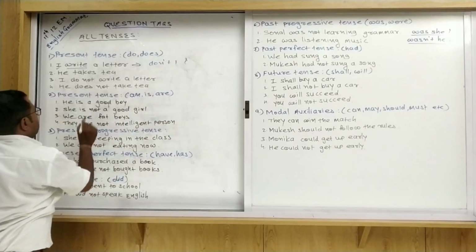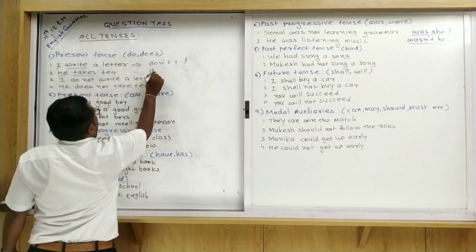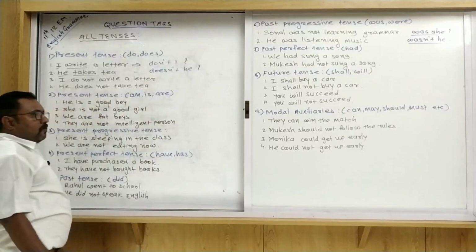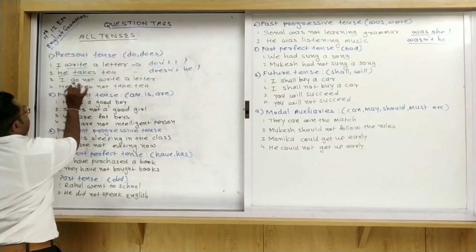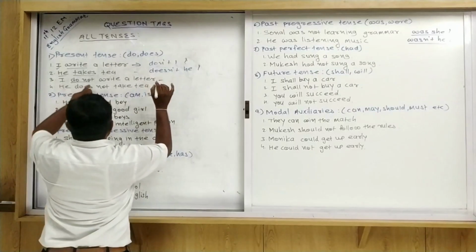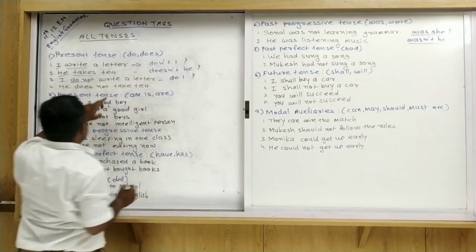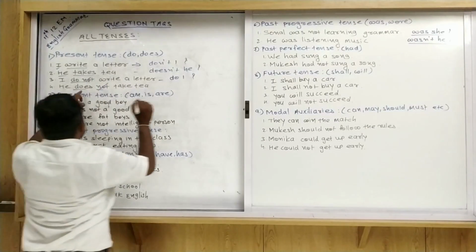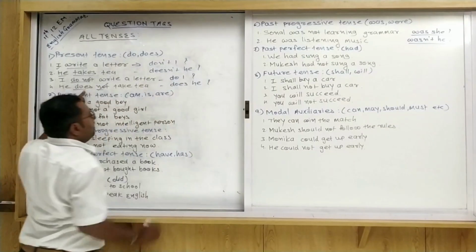Another, he takes tea, so doesn't he? Don't use a capital letter here. Okay, I do not write a letter, that is a negative sentence. Then how can we make positive? I do not write, so do I? He does not take tea, does he? That is the right answer.